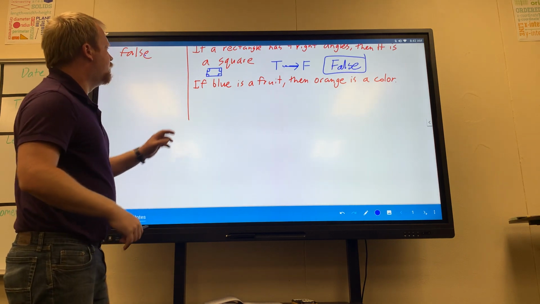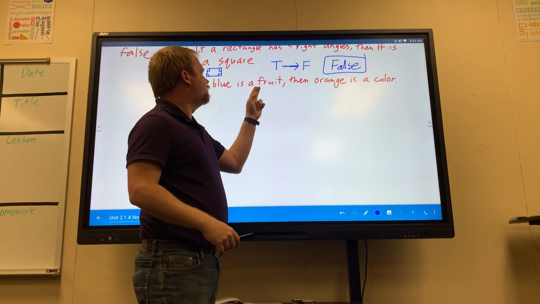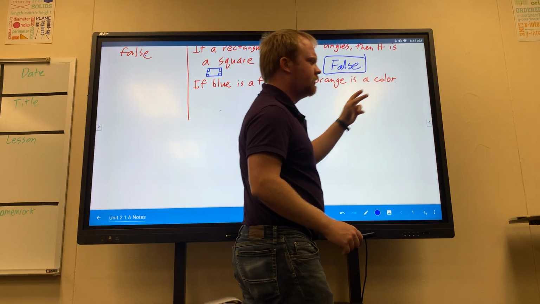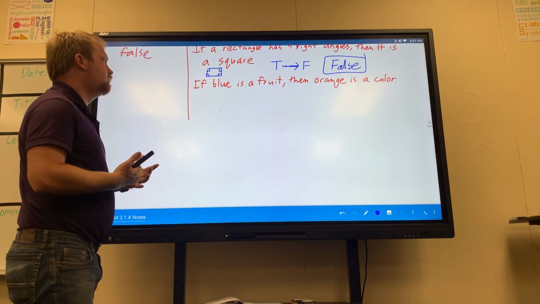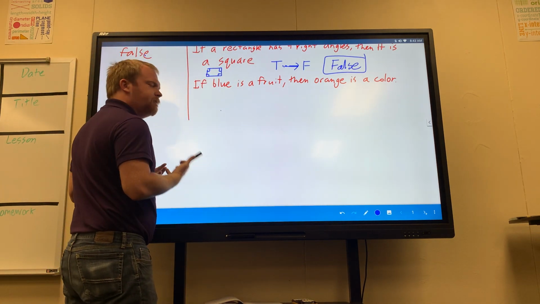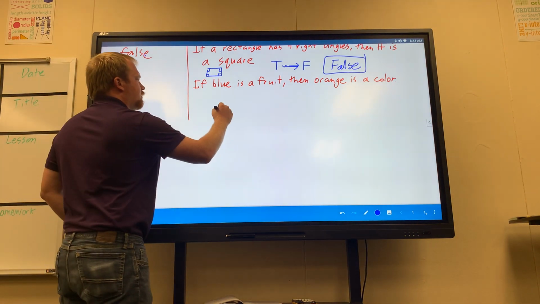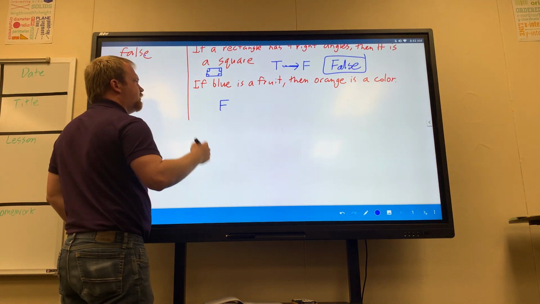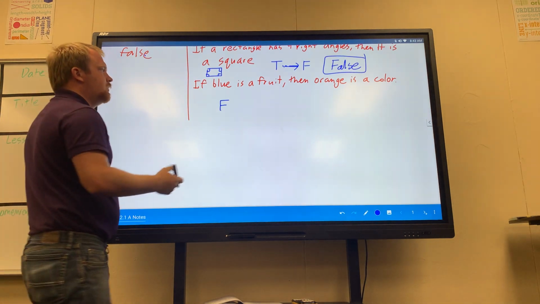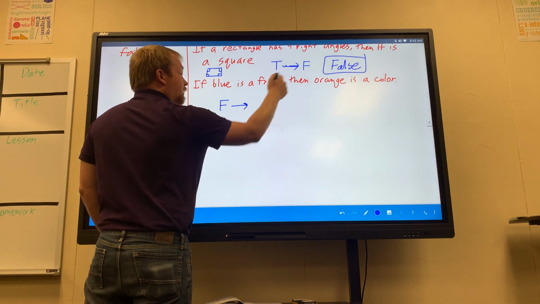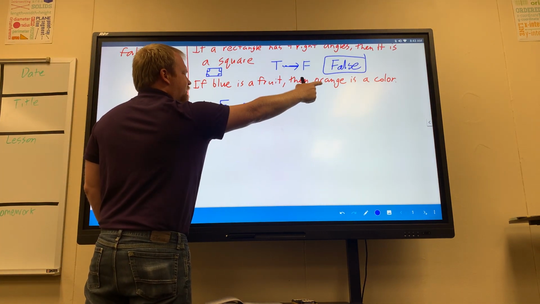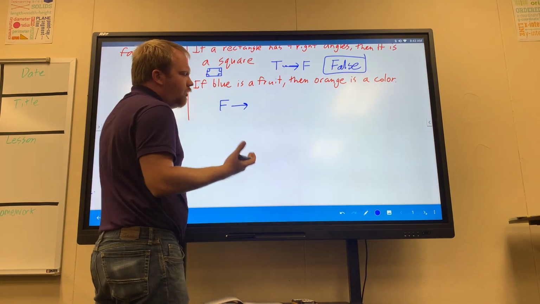So now, if blue is a fruit, then orange is a color. Well, that's not really a fruit that is blue. Matter of fact, blue is not typically a fruit. But the then statement says orange is a color, and orange is a color.